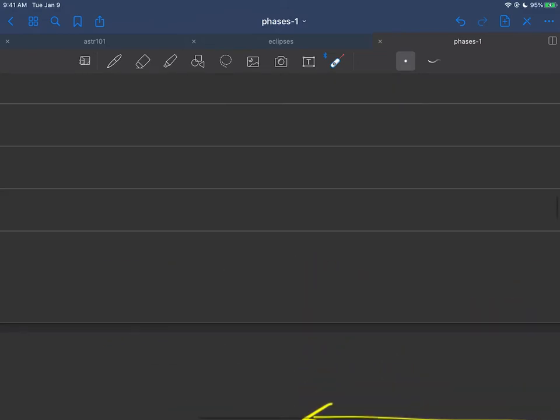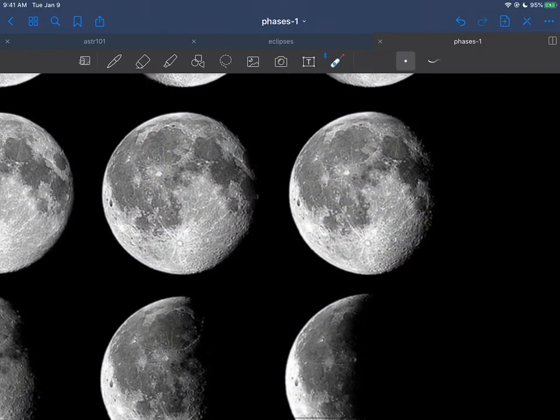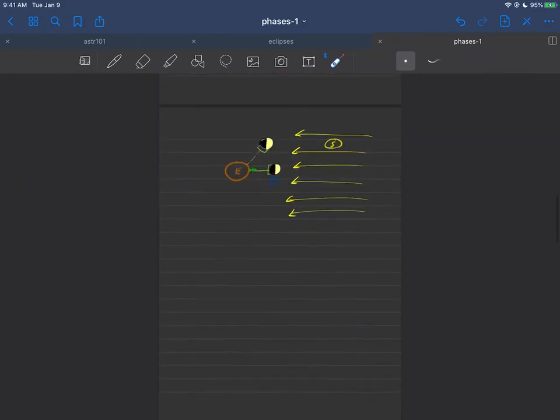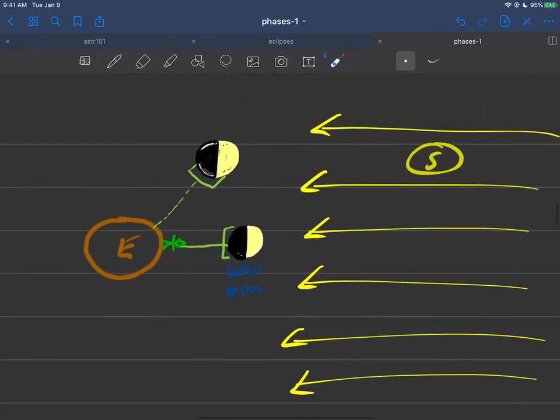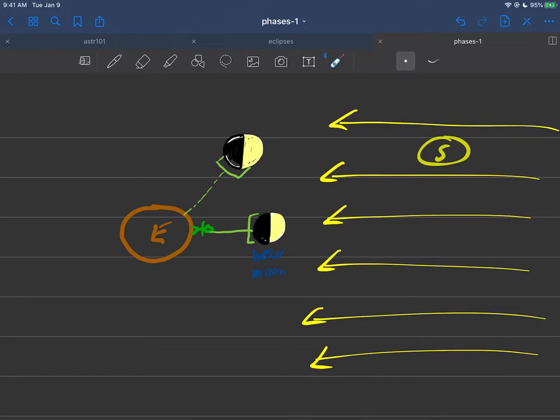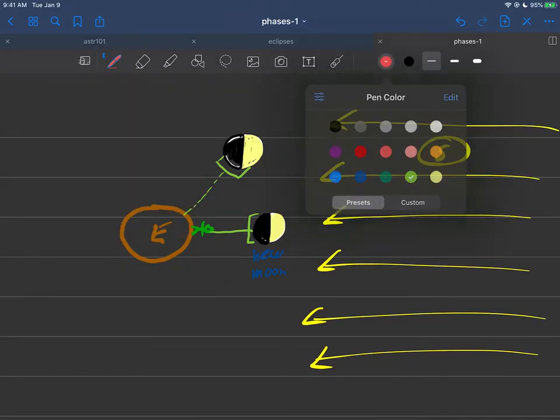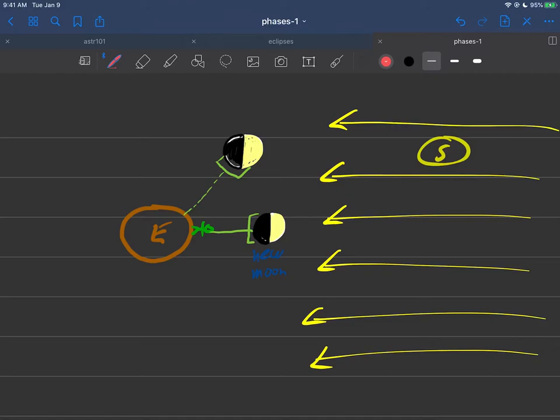And that would be, if I go back to my phases here, something like maybe this or this. So most of the moon is still blackened out, but we see just a little bit of it coming through. And remember, the whole reason why we're seeing any of this is just because the moon has moved in the sky and changed its orientation with respect to the sun. And this phase here is called a waxing crescent.